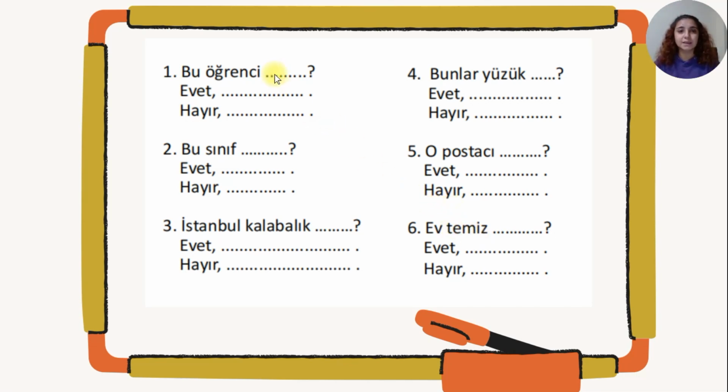We will ask the question, bu öğrenci something. This is a student, and when you add a question suffix here, it becomes, is this a student? Let's choose the correct answer. I will start to say the correct answers in 5 seconds.